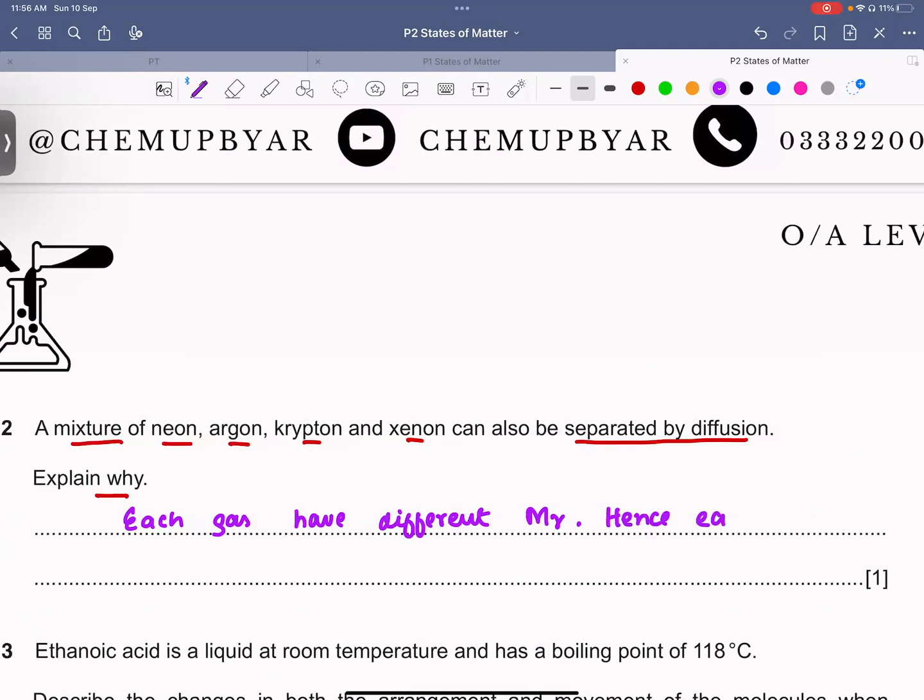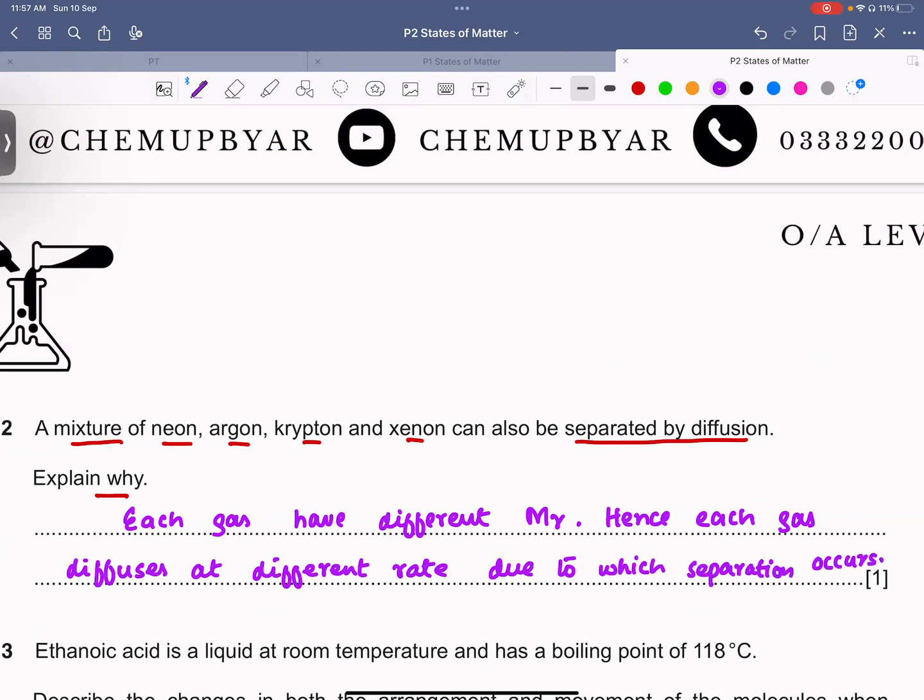Hence, each gas diffuses at a different rate, due to which separation occurs. Is this understandable to everyone? Yes, sir.